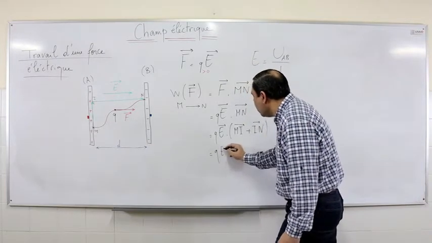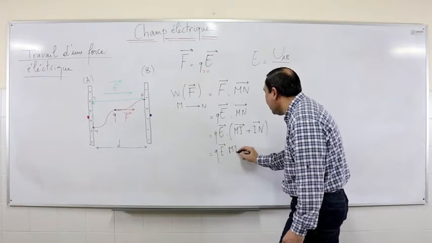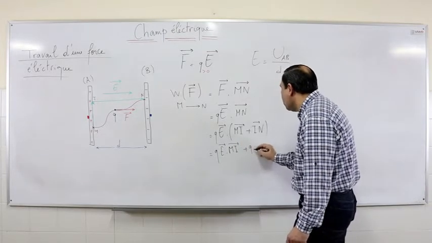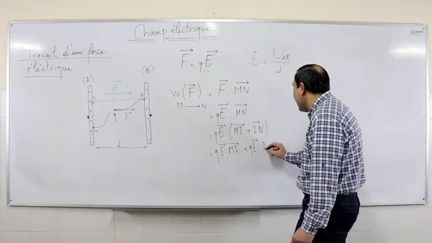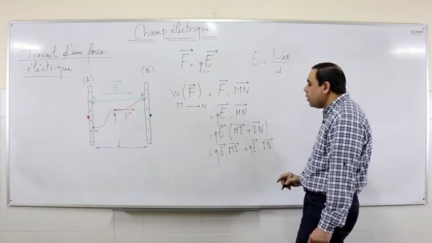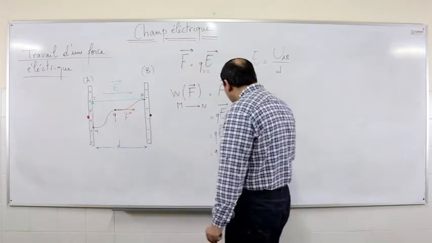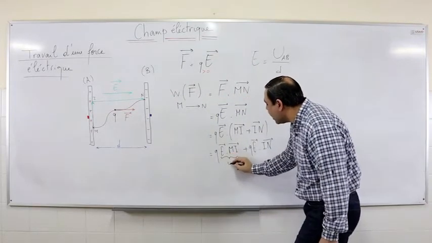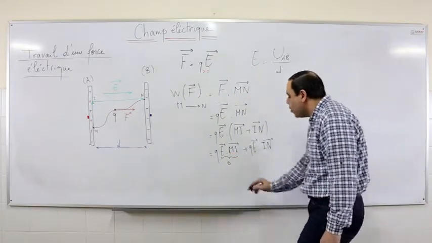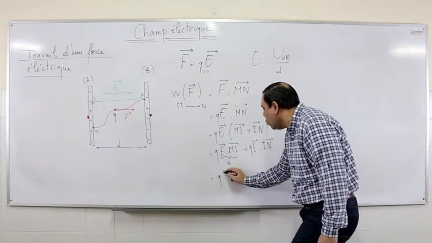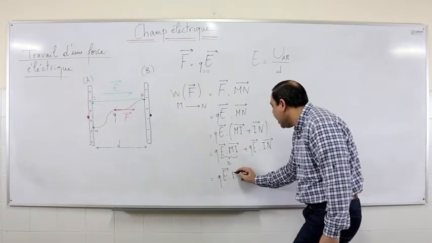When expanding, QE dot MI plus QE dot IN. But notice that MI is perpendicular to E. Hence, this scalar product is 0. So we obtain QE dot IN.